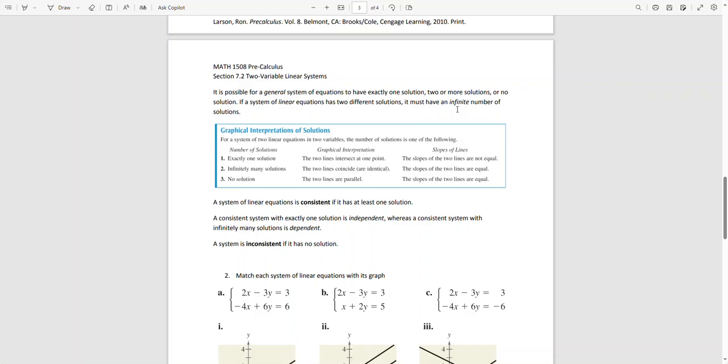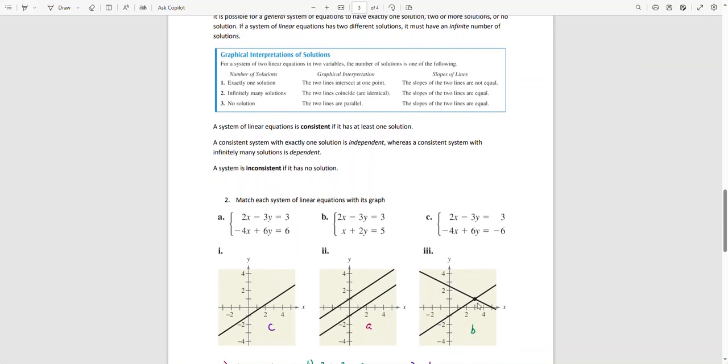So we won't have a line intersecting a parabola like we did in 7.1. We'll just have two lines intersecting, and it happens never, once, or always. Exactly one solution: our lines will intersect in one point, and the slopes of the two lines are not equal, right? They don't have the same tilt.